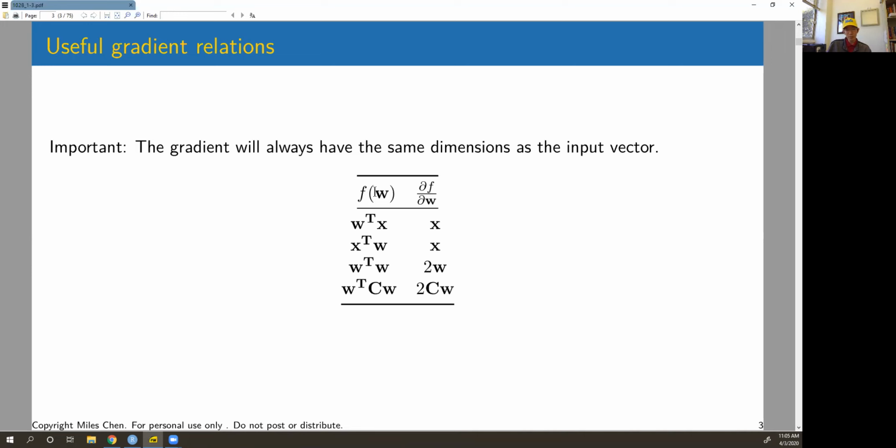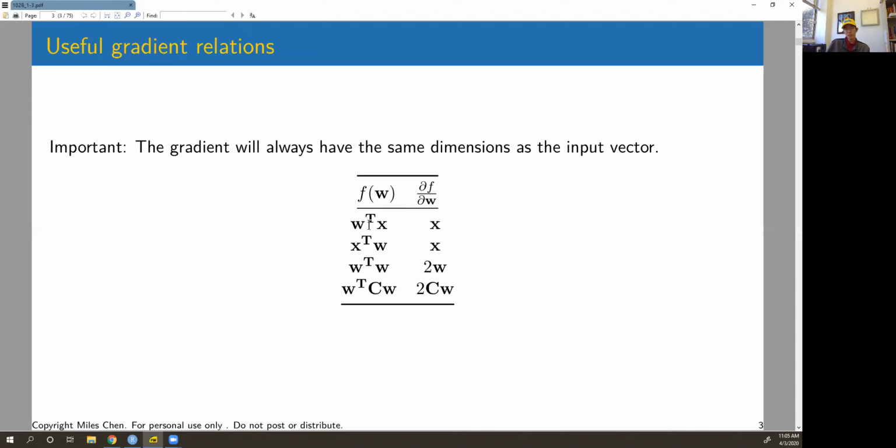But the important thing is that when you find the gradient of a function with respect to some vector, the gradient will always have the same dimensions as the input vector. If we're talking about the least squares function, or total sum of squares, or the mean squared error, that returns a scalar. But there are also other functions here.